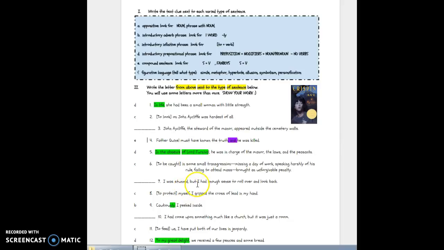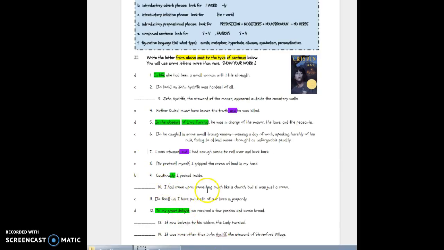I was stunned, comma, but. See that comma fanboy right there. Still want to double check. Do I have a subject and a verb on the left? I was. And do I have a subject and a verb on the other side? I had. So that's going to be a compound sentence. Oops, I labeled that right. Going to the next one. I had come upon something much like a church, comma, but.